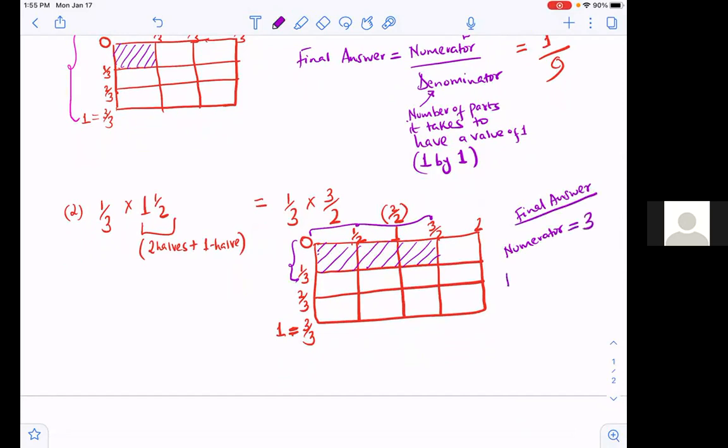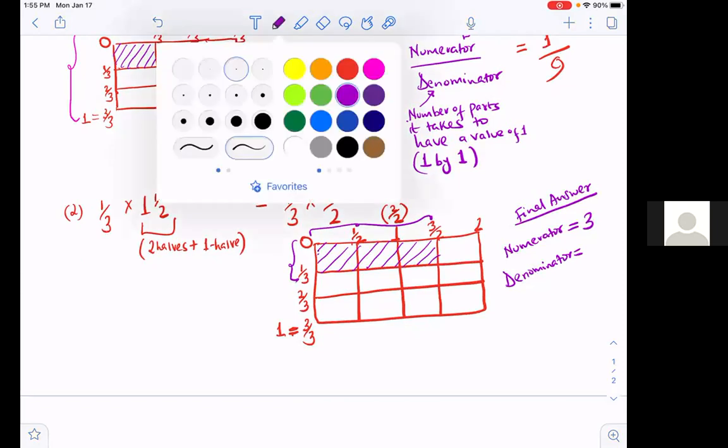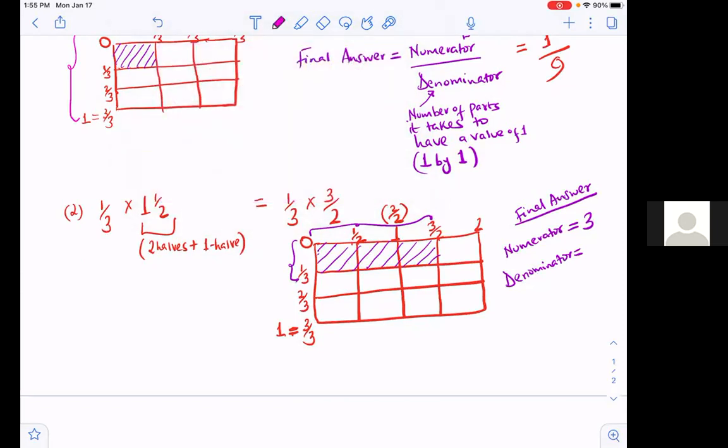So what will be our denominator? Our denominator will be the number of parts that it takes to have a value of 1 by 1. So 1 horizontally is up to that area, 0 to 1, and vertically 0 to 1 is up to that area.